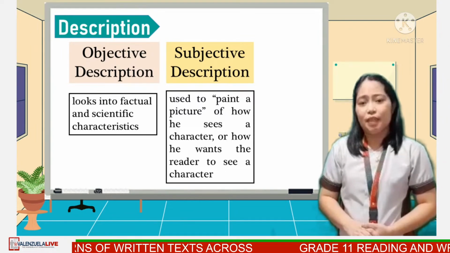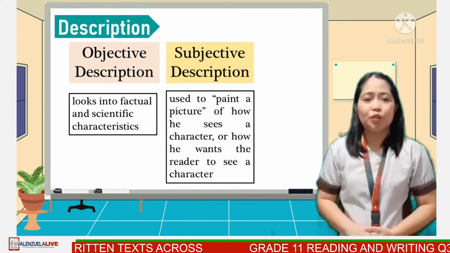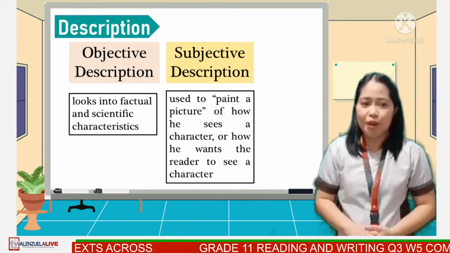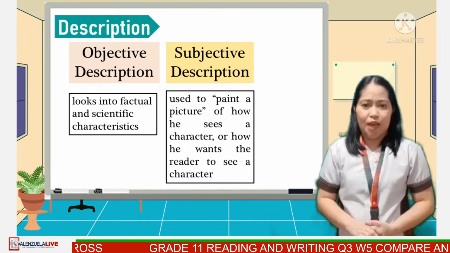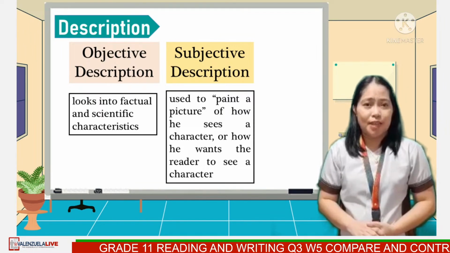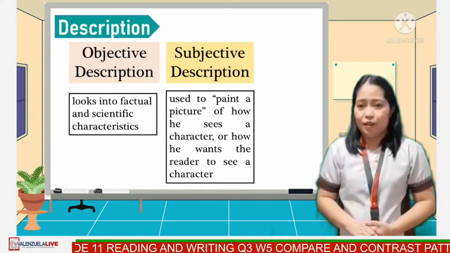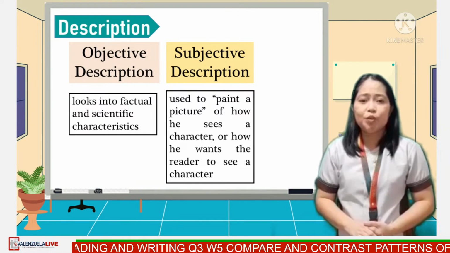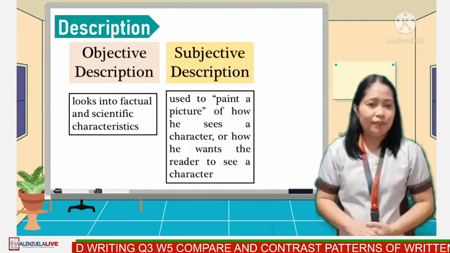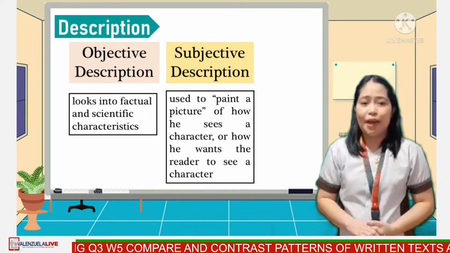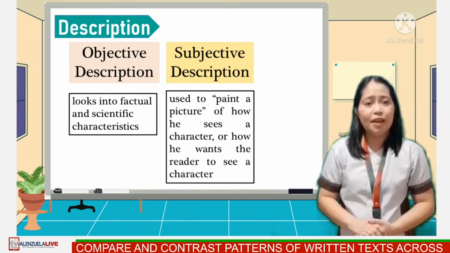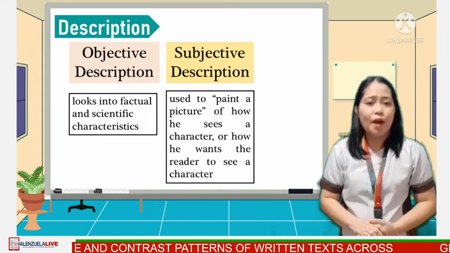In these writing situations, the writer attempts to stay away from emotional impressions or responses and instead report what is seen. On the other hand, writers use subjective description in fiction. It is used to paint a picture of how he sees a character or how he wants the reader to see a character.